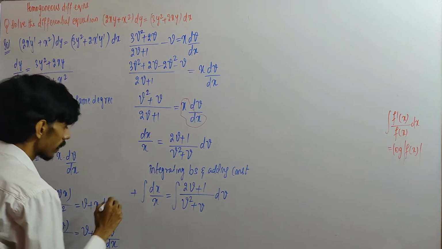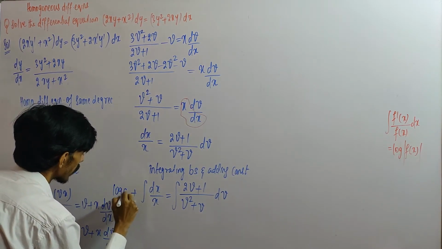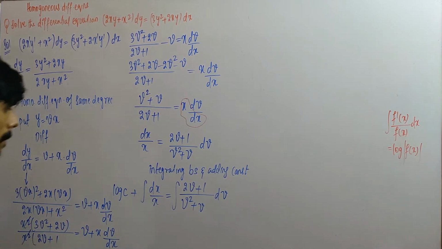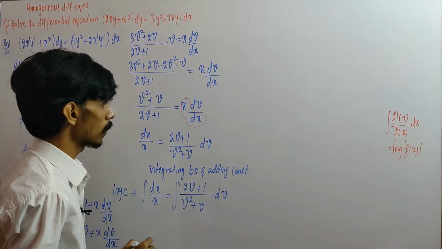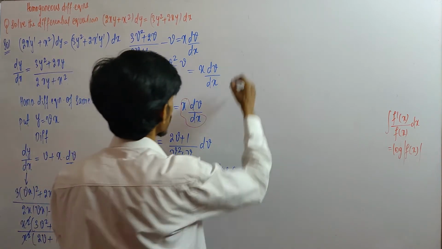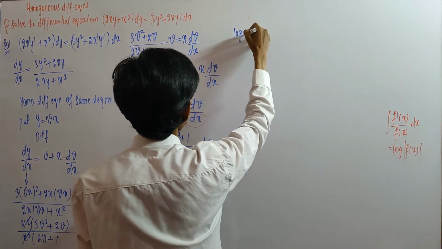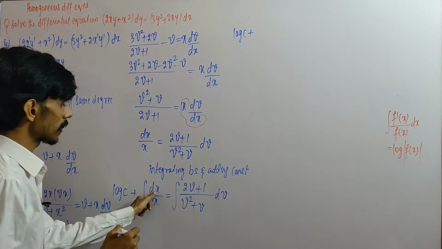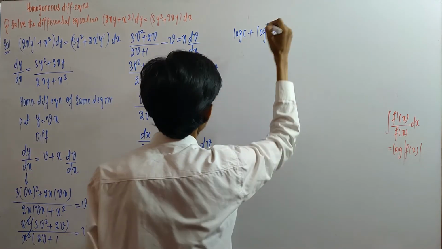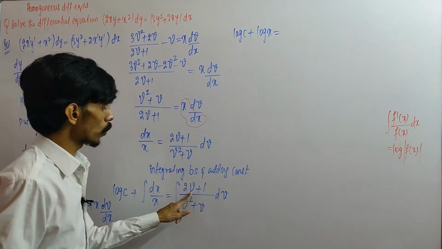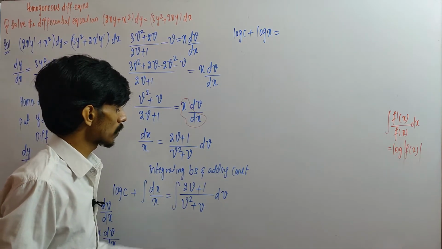So here I'll get log c. Now integration of dx by x value is log x. So I'll get log c plus integration dx upon x value is log x. Here integration 2v plus 1 by v square plus v.